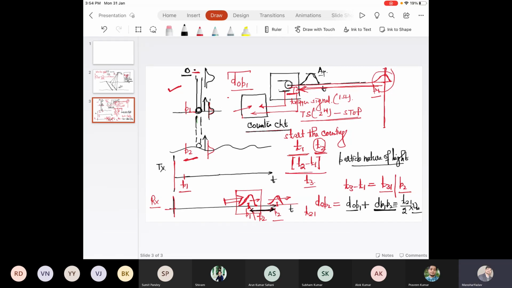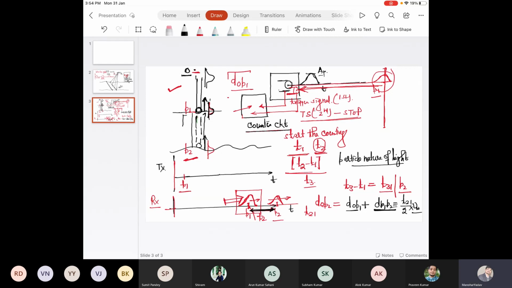When this pulse is reflected back, at the first interaction when we have a reflected echo, this original pulse is traveling from P1 to P2, and again traveling back from P2 to P1. So the total gap between P1 and P2 is equal to 2 travel, I mean the time taken from P1 to P2 and back to P1.